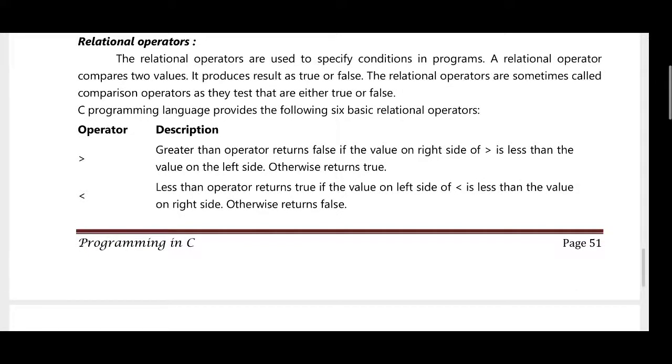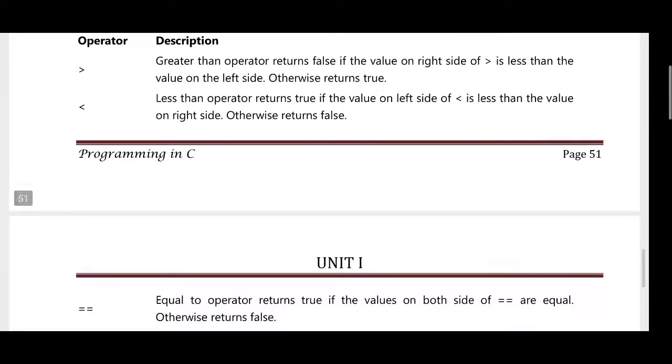The greater than operator returns false if the value on the right side of greater than is less than the value on the left side, otherwise returns true. Next one is the less than operator. It returns true if the value on the left side of less than is less than the value on the right side, otherwise returns false.